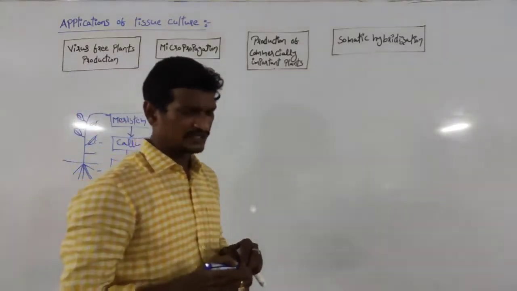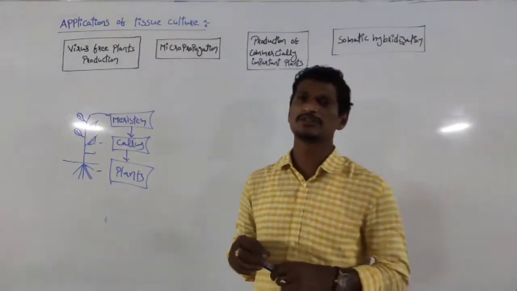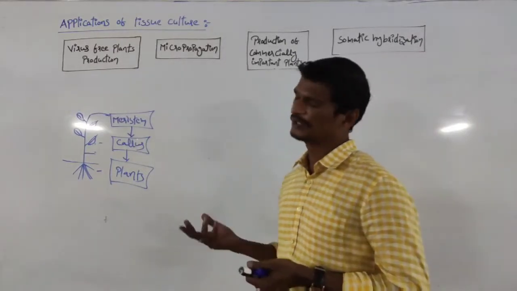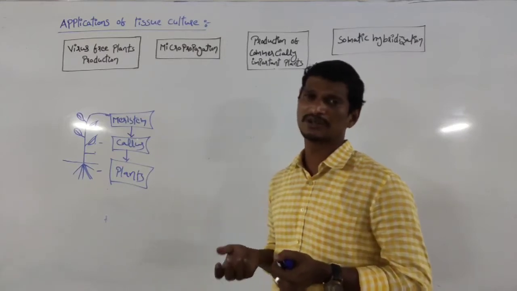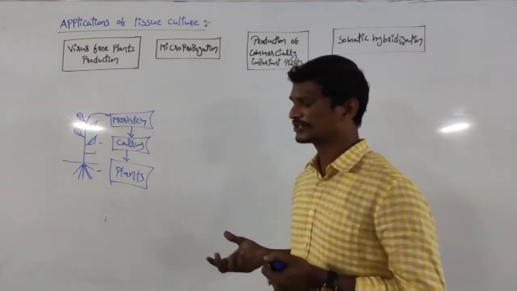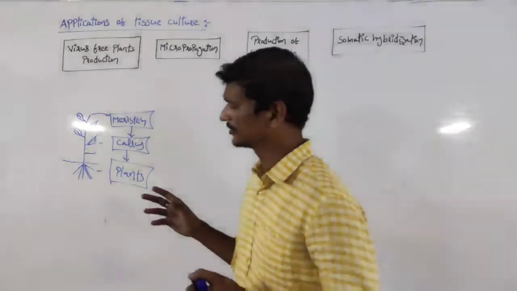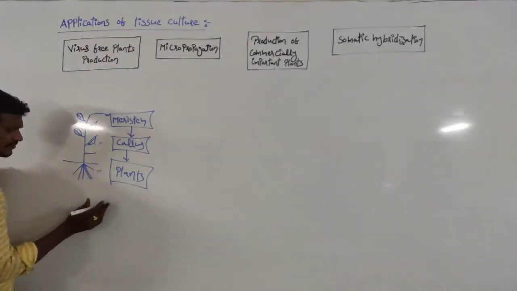Because the root meristem and shoot meristem are generally not affected by the virus, if we take the meristematic cells as the source for the production of plants, we can produce virus-free plants. Right? And remember, scientifically this is already proven.